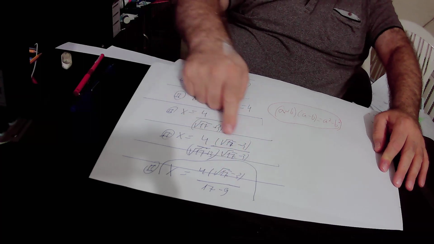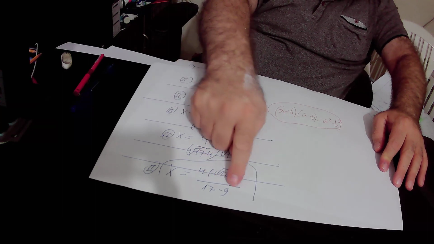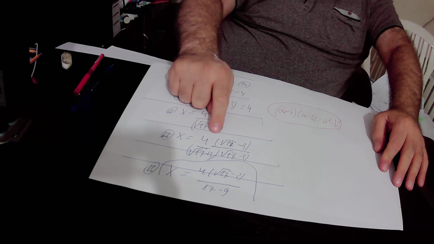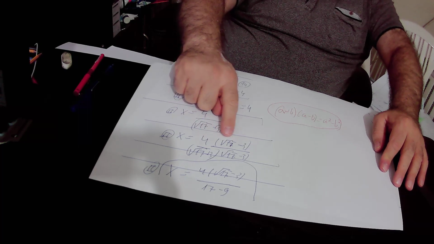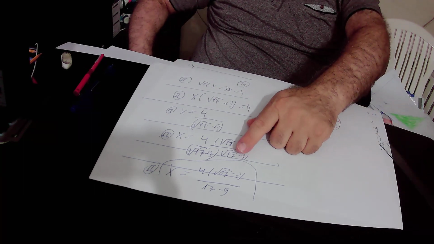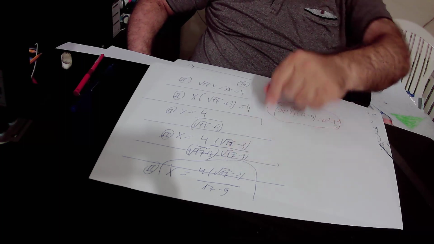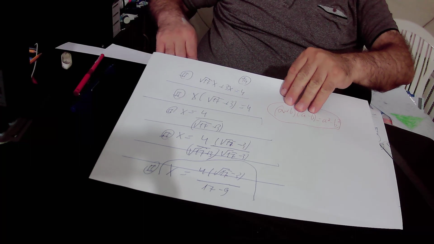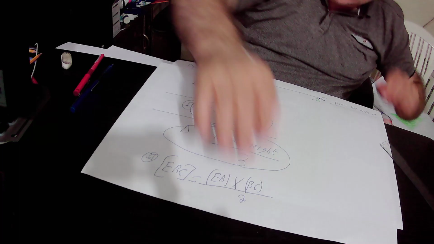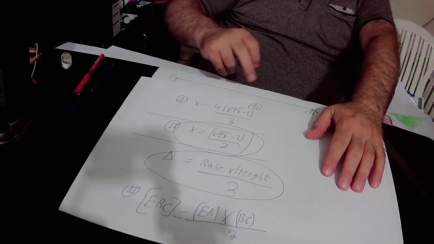So in total we got that this bigger expression equals 17 minus 9, and in the numerator we have 4 times square root of 17 minus 3. Okay, so in total we got that x equals 4 times square root of 17 minus 3 over 17 minus 9, and we know that 17 minus 9 is 8, so we got that x equals 4 times square root of 17 minus 3 over 8.